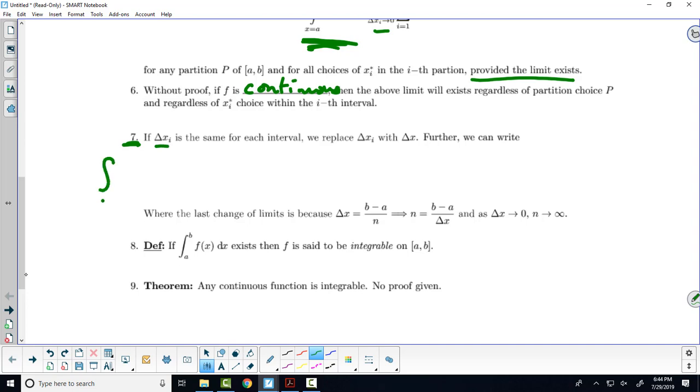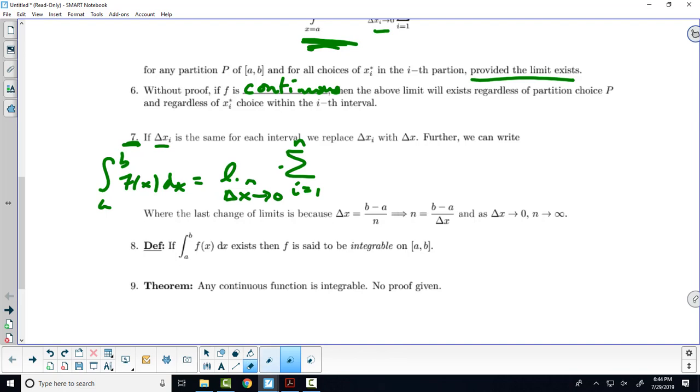So we'd say the integral from a to b of f of x dx is just the limit as delta x goes to 0 of the sum from i equals 1 to n of f of xi star delta x.